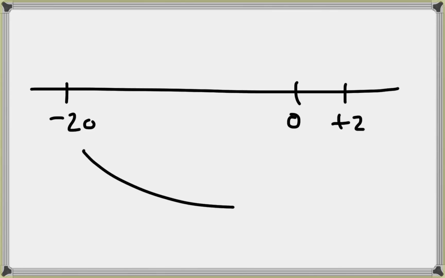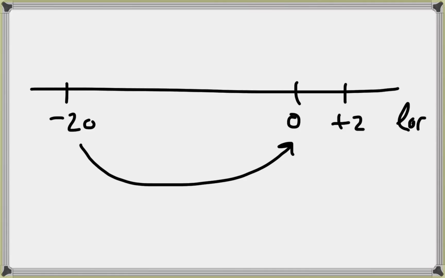Instead of adding minus 20 and plus 2 together, let's start with a slightly smaller step and simply add minus 20 and 0 together for starters. Well, the first thing that we need to know, since these are decibels, this is on a logarithmic scale, we need to know what are the linear values that go with those decibel values.